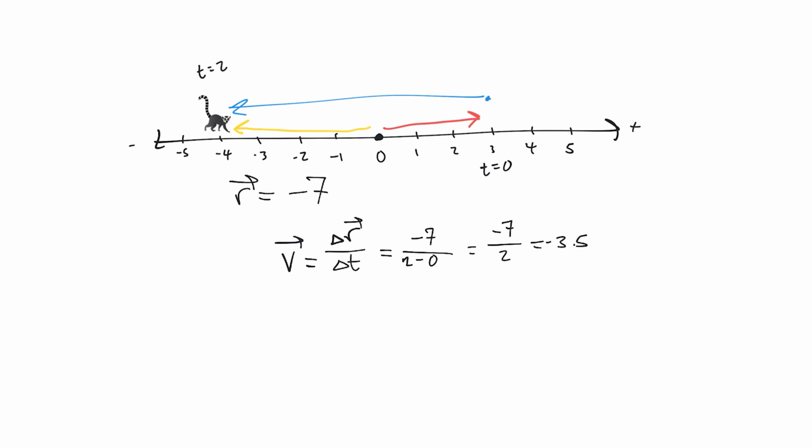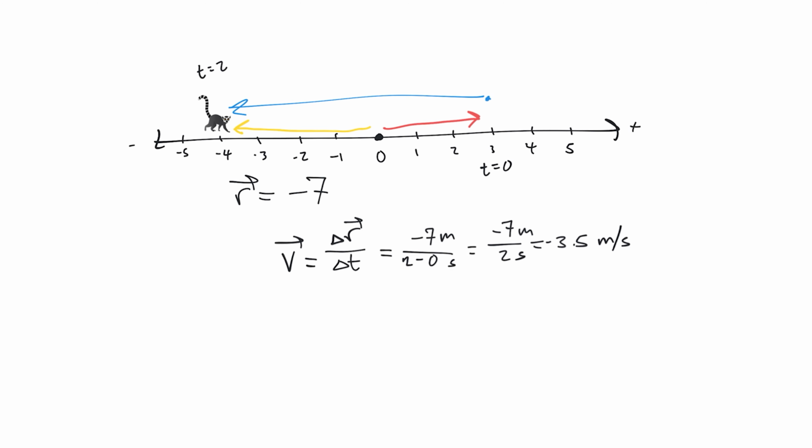Now we do need units on this. I have been ignoring units thus far. Let's bring them in. So our unit for displacement is usually going to be meters. I'm going to make it here as meters. And then our usual unit for time is seconds. So to get meters per second for velocity, you have your -7 meters divided by your 2 seconds.